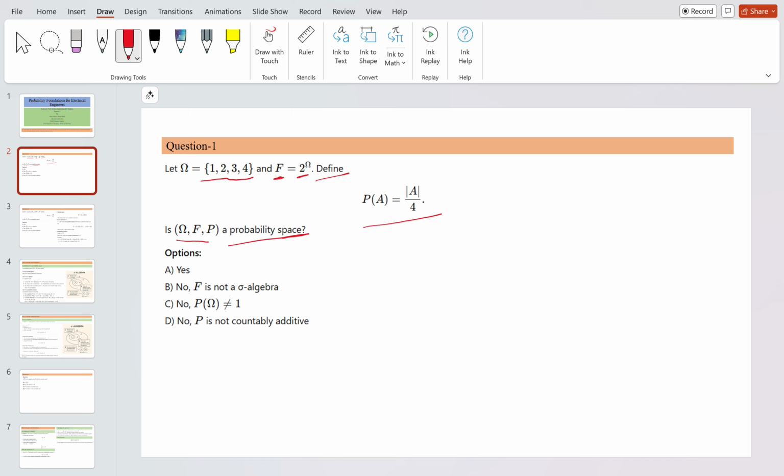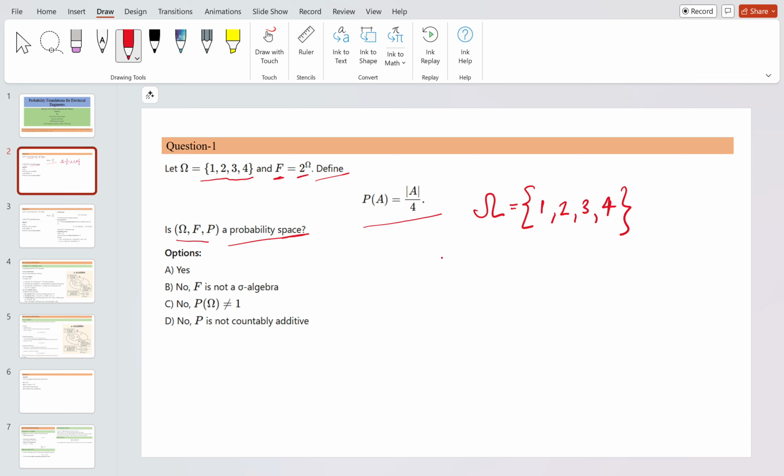Let me give a few concepts which will help to solve this. What this problem is saying is that you have a set omega which has the elements 1, 2, 3 and 4.